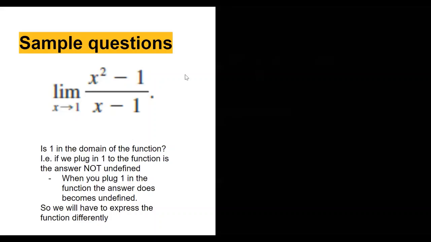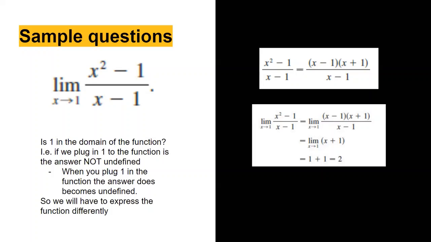In this case, as you can see, x squared minus 1 is an algebraic identity which we can change into x minus 1 into x plus 1, and there is obviously x minus 1 in the denominator. X minus 1 in the denominator and the numerator would cancel each other out, and then we'll be left with limit x tends to 1, x plus 1.